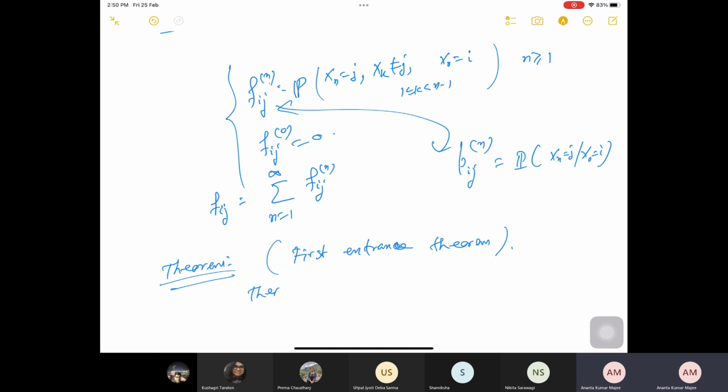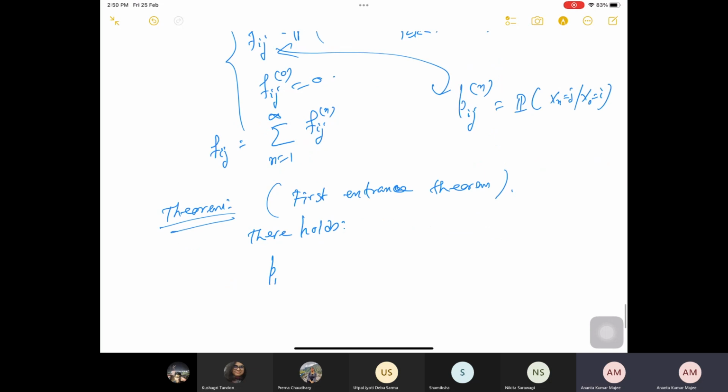The following holds: p_jk(n) is the sum from r equal to 0 to n of f_jk(r) times p_kk(n minus r), for n greater than or equal to 1.